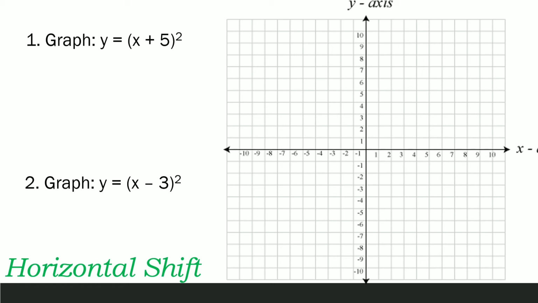If it's positive, being added to x, that positive sign will indicate that y equals x squared is shifted to the left. So this will be 5 units to the left of the original graph of y equals x squared.